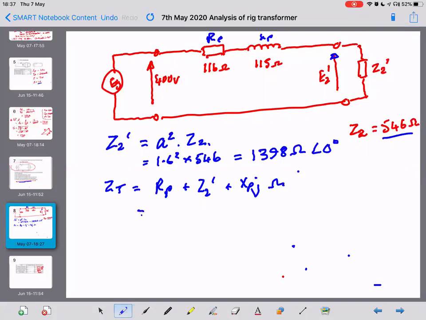So that's 116 plus 1398, those two together, plus 115j ohms. That adds up to, I believe, 1513 plus 115j ohms.